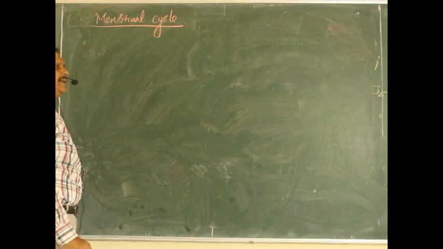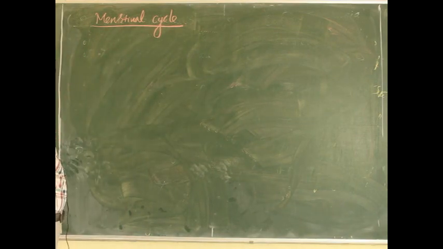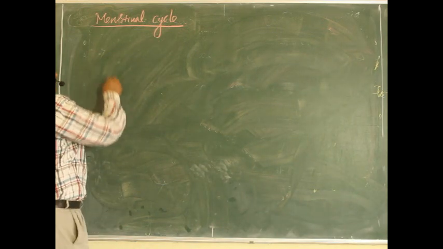Menstrual cycle is a cyclic process, and it has the following phases.